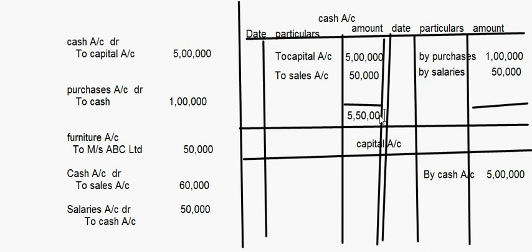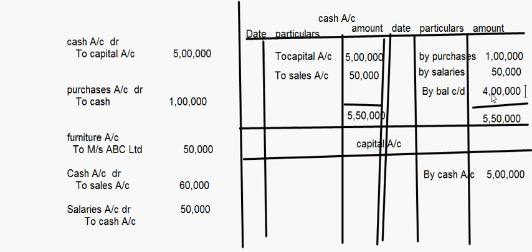Whichever total is the higher one, that you will put on both the sides, and whatever is the difference will come here, because in this side you have a difference, so I write by balance carried down. 1,50,000 is the total here, and this is 5,50,000, so the shortage is 4 lakh, right?